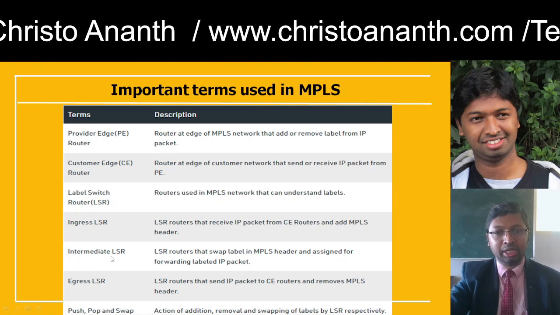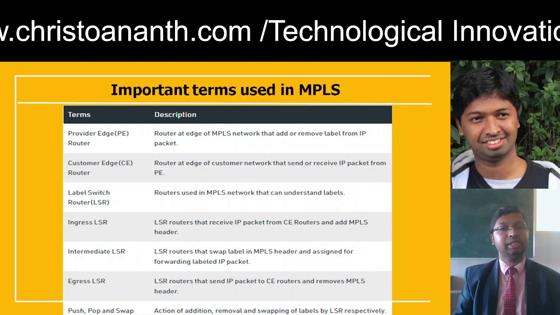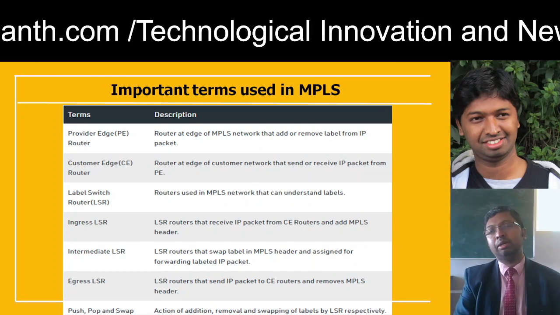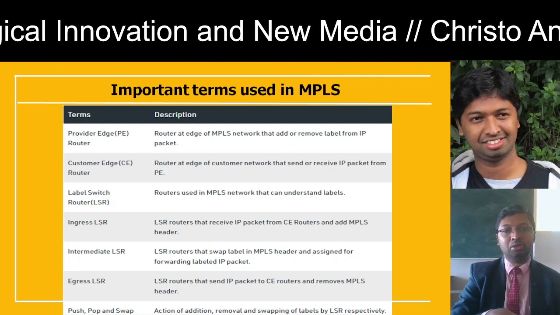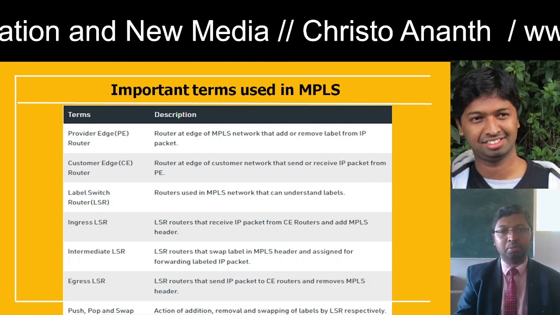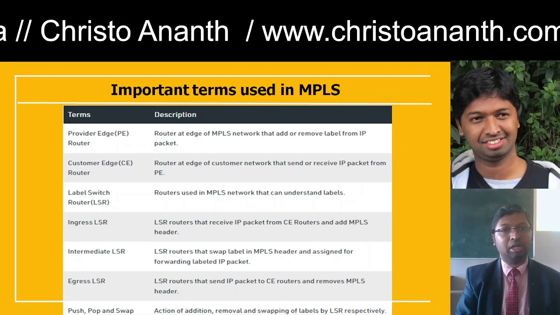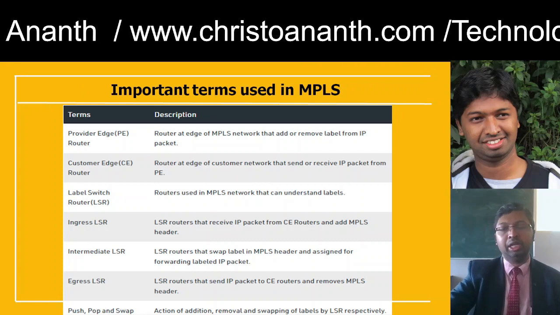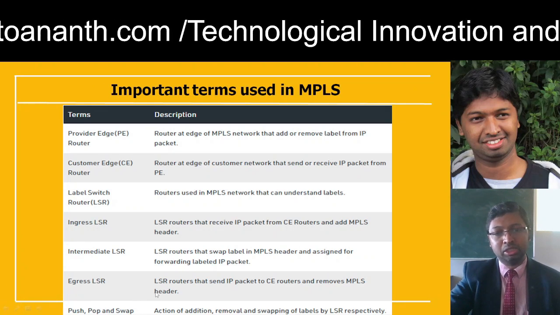Then the intermediate LSR is going to swap the labels in the MPLS header, and generally you can use the intermediate LSR for forwarding the labeled IP packet. Like ingress you have egress, which is the opposite: it sends the IP packet to the customer edge router and removes the MPLS header.